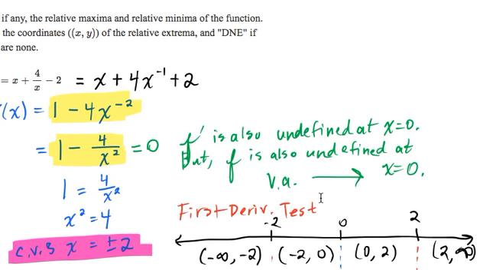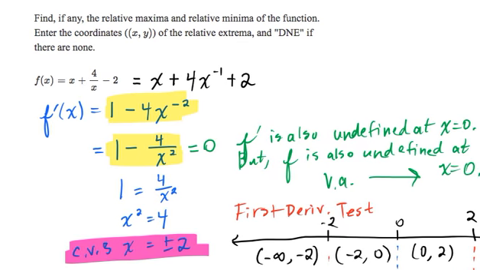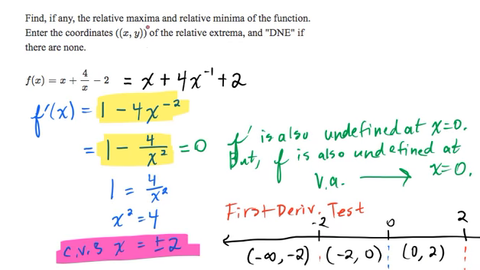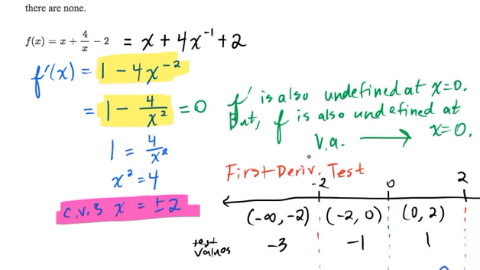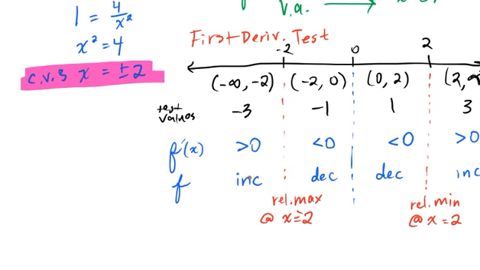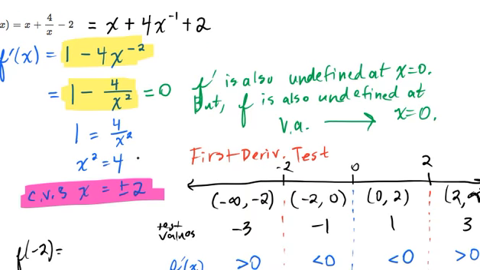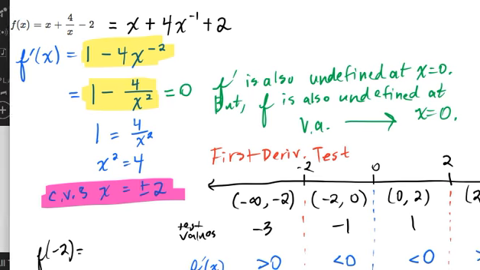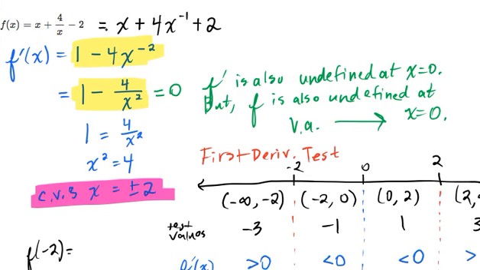And then you can go back and find the coordinating y values at negative 2 and 2 simply by finding f of negative 2 to get the max and f of 2 to get the min. So let's go ahead and do that. The original function is x plus 4 over x minus 2. So f of negative 2 is going to be negative 2 plus 4 over negative 2. 4 divided by negative 2 is negative 2.